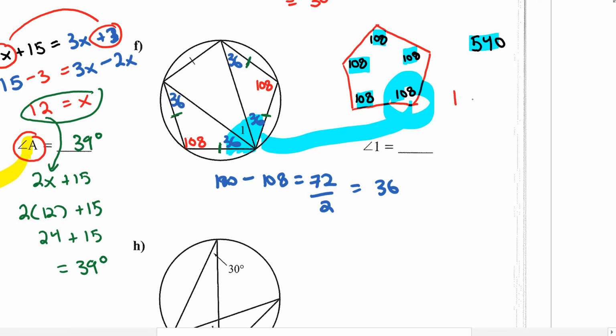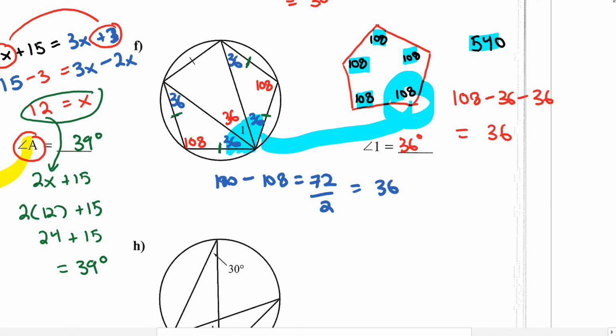So if I have 108 degrees and I know part of the angles are 36 and 36, then I can find that third missing angle by doing 108 minus 36 minus 36, and I end up getting 36 there. So this is also going to be 36 degrees.